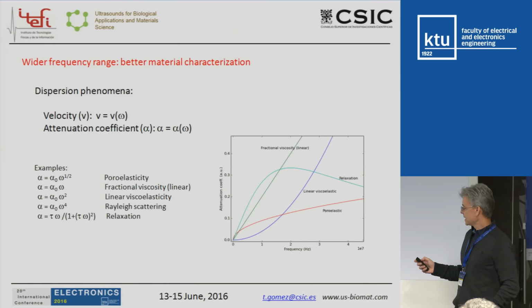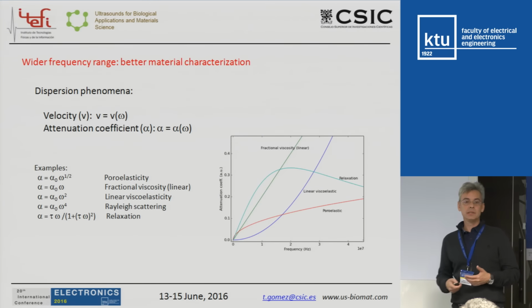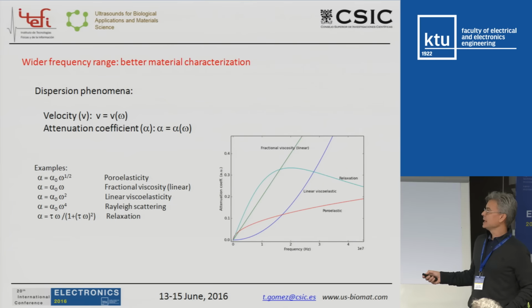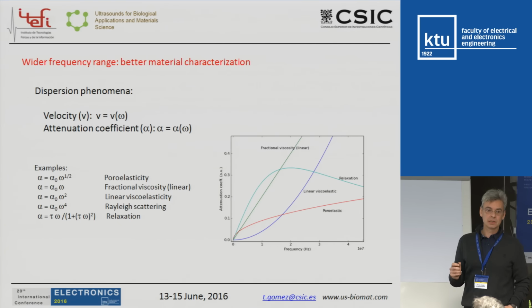And concerning frequency, if we have a wave propagating through a medium, and the medium is dispersive, both velocity and attenuation will change with the frequency. I can get a lot of information about the material if I am able to understand the variation of velocity and attenuation with frequency.